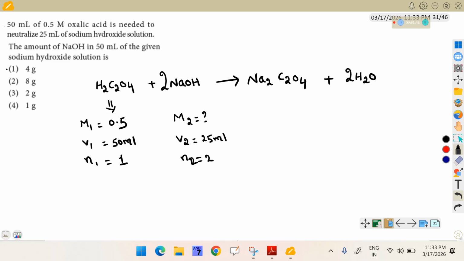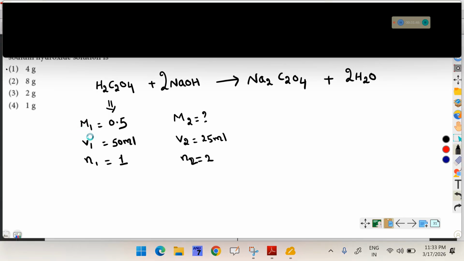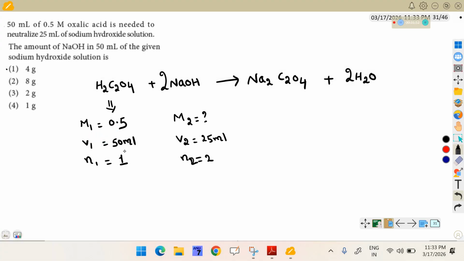The given data: molarity of H2C2O4 is 0.5 molar, volume is given 50 ml. Number of moles, 1 mole of oxalic acid according to this reaction. Calculate number of moles of NaOH. Volume is given 25 ml. According to the equation, 2 moles of NaOH is required.